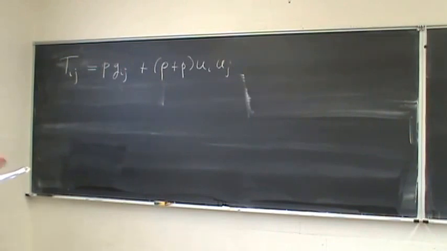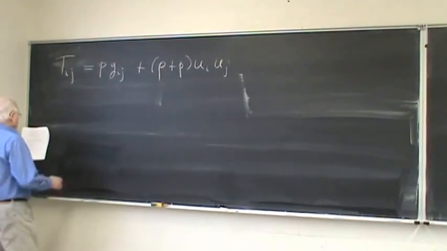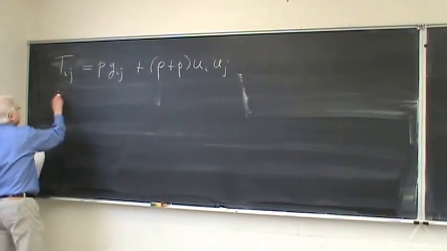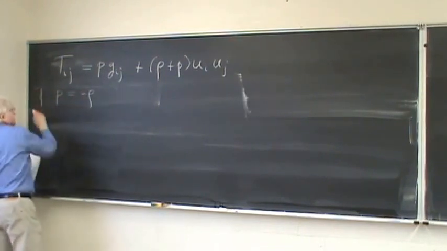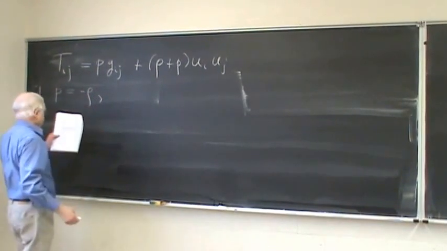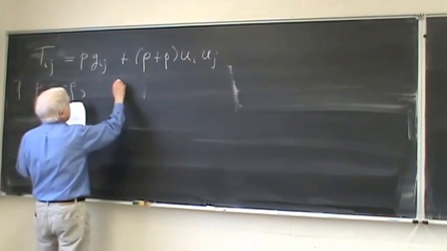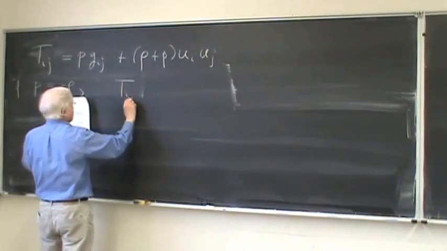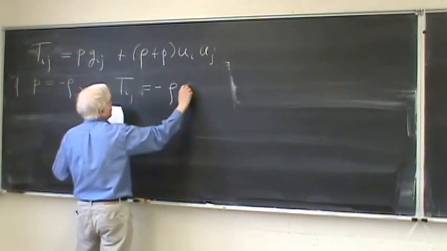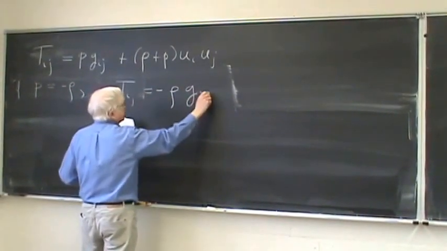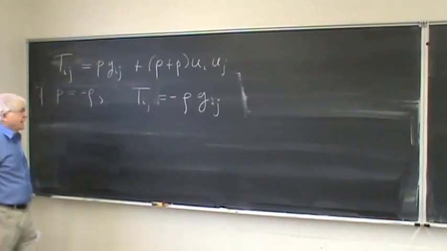Okay, there's a special case in which P is minus rho, and then things become particularly simple. Namely, you get Tij is just minus rho Gij.